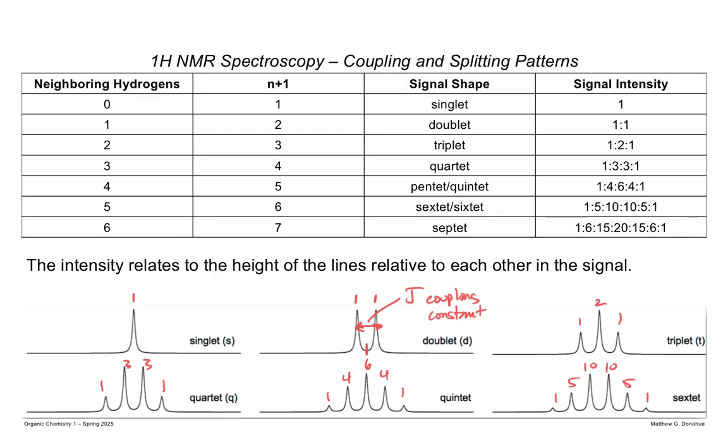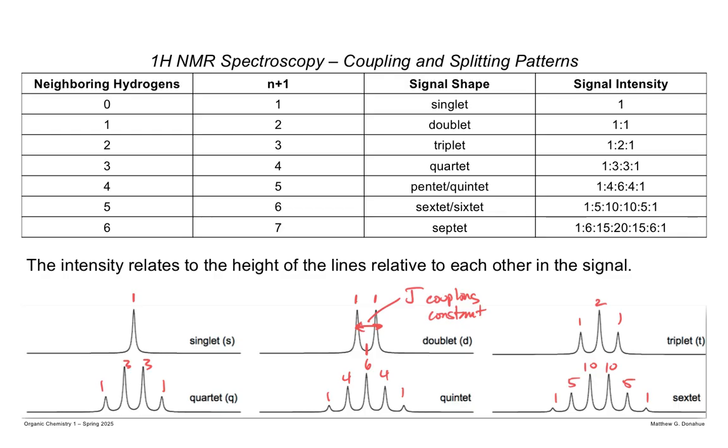Maybe one thing I can point out, when you're looking at this signal, you say, okay, I see a singlet. What is that telling me? It's telling me there are no neighboring hydrogens. Now, keep very clear in your mind, a singlet can be 1 hydrogen, it can be 2 hydrogens, it can be 3 hydrogens, or it can be more based on symmetry.